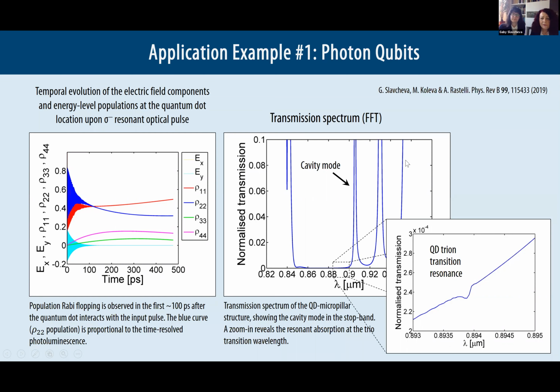We can calculate the transmission spectrum of the structure and identify the cavity modes. This is the active cavity mode when the quantum dot is present. We can compare it with the passive cavity modes when the quantum dot is absent.